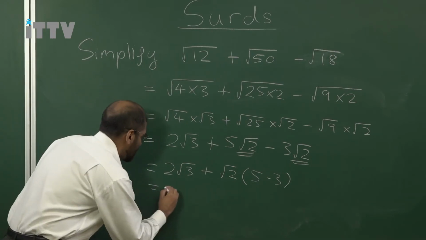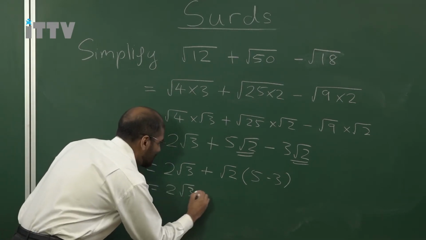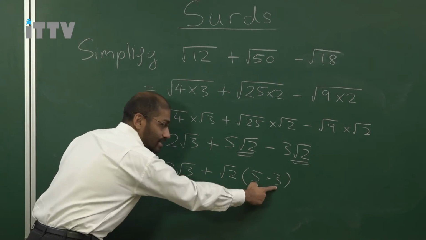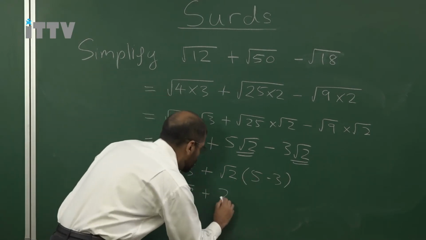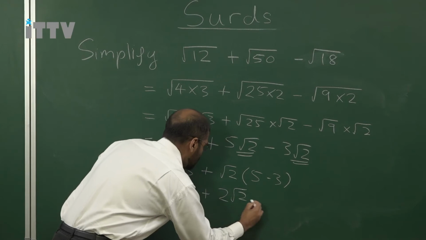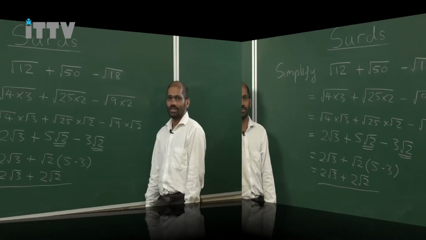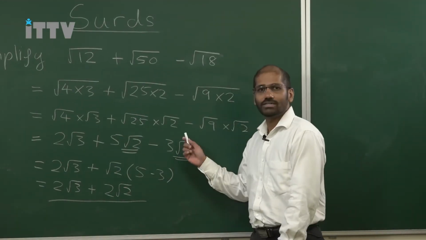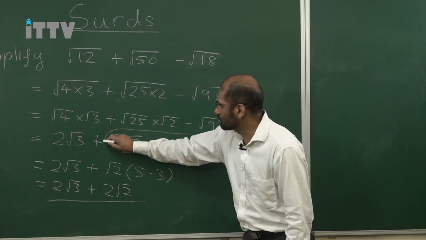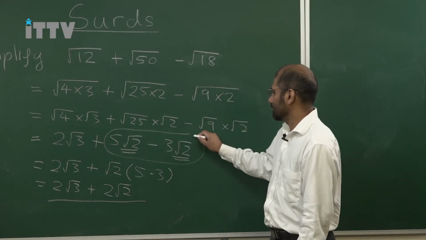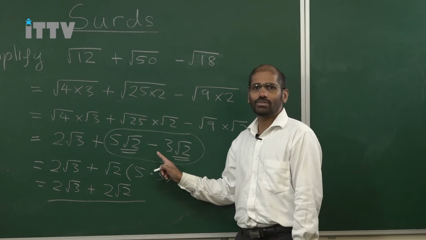So finally we have 2 surd 3 plus 5 minus 3 gives us 2 with a surd 2 over here. I'm going to explain further on how these two can be combined, because it's quite usual for students to confuse this part.